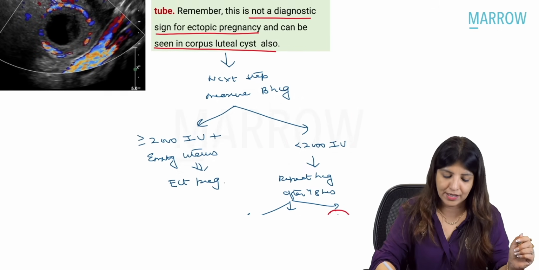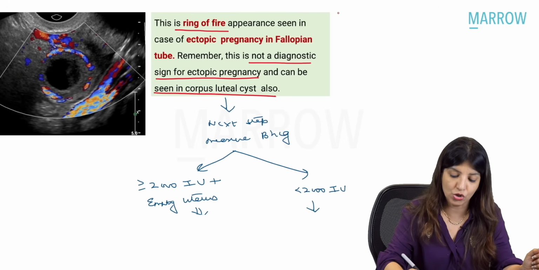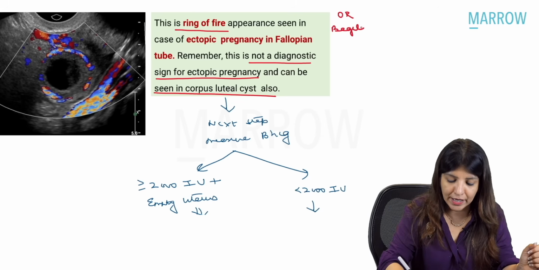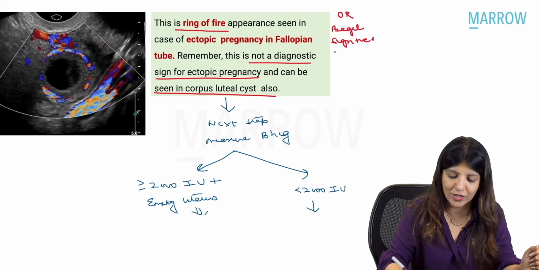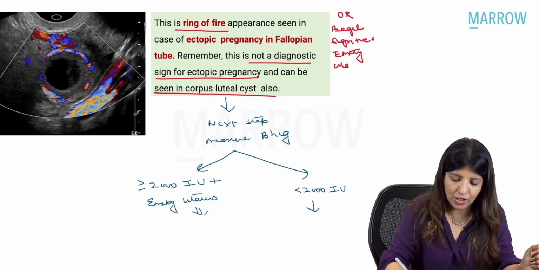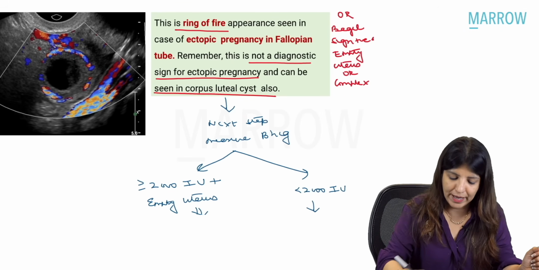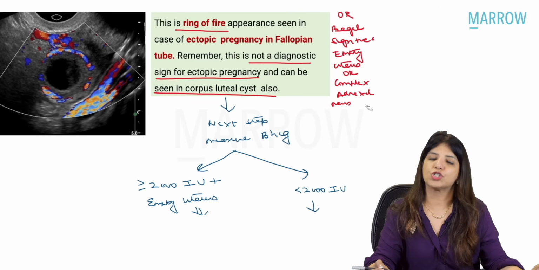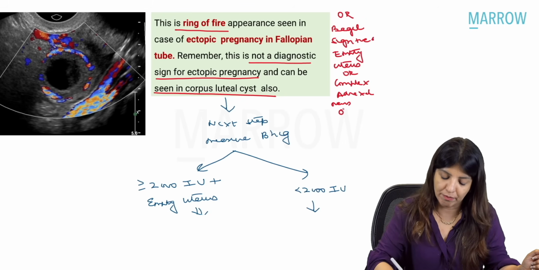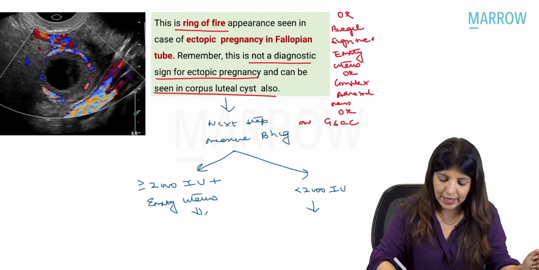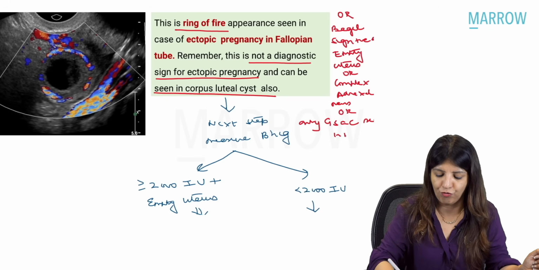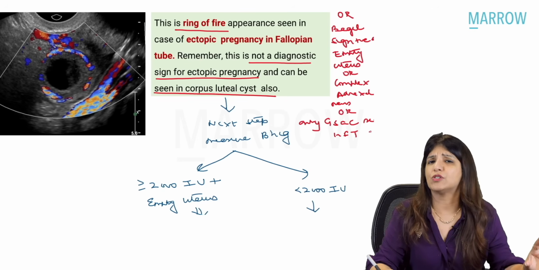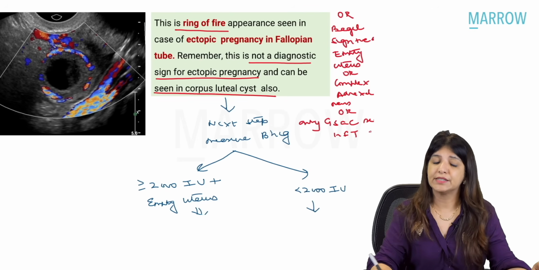So the crux of the story is that whenever you are getting a ring of fire appearance, or your question says basal sign positive, or your question says that there is empty uterus, or a complex adnexal mass, or your question is saying only gestational sac is seen in fallopian tube, none of these findings are diagnostic of ectopic pregnancy.